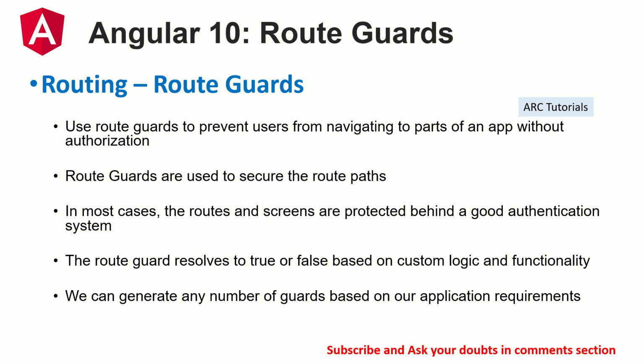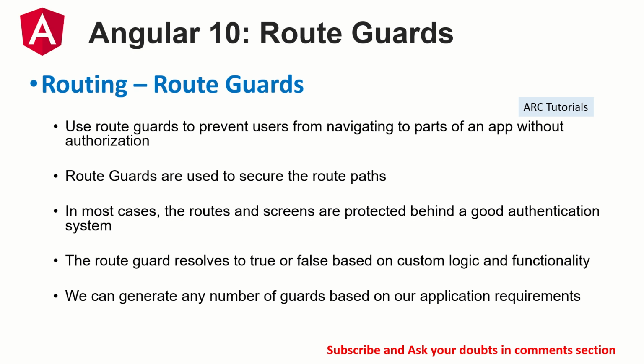For example, you'll say if the user is from a certain geography, if the user is from a certain department, if the user is logged in, if the user's status has quota, et cetera. These are all different logic that we write based on our application, and that is what will be put in our route guard. We can generate any number of route guards in our application, and there is no condition which says you should only use one or two. We can use any number of them.